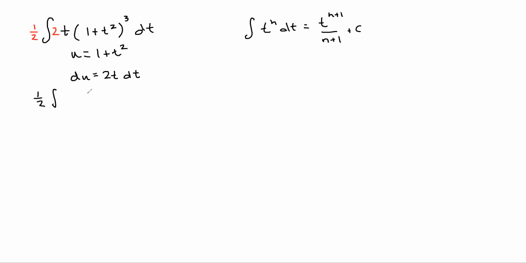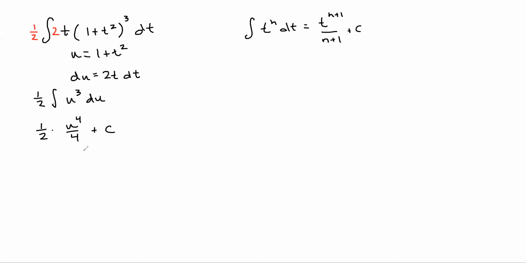Okay, and then here we're going to translate everything. So this is going to be u, so we're going to get u to the third, and then the 2t dt, that's our du. So we can just substitute. And now take a look. Now it does fulfill one of the classic formulas. And so we can go through and do u to the fourth over 4 plus c.